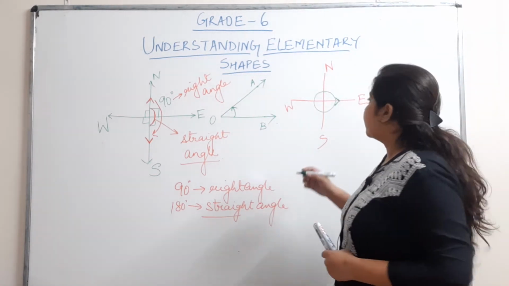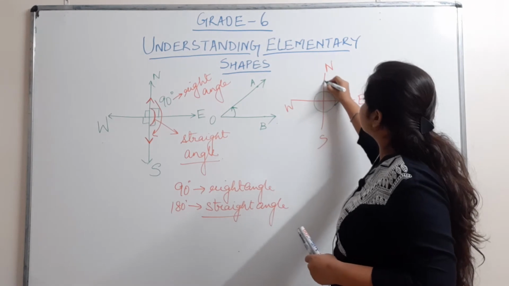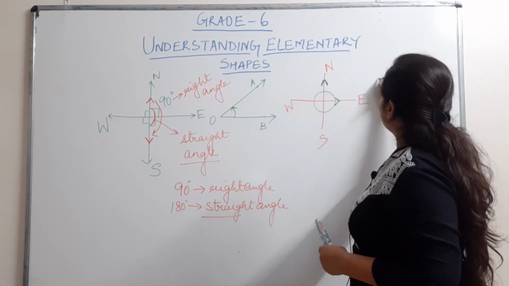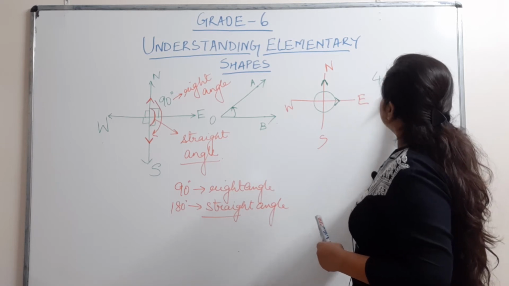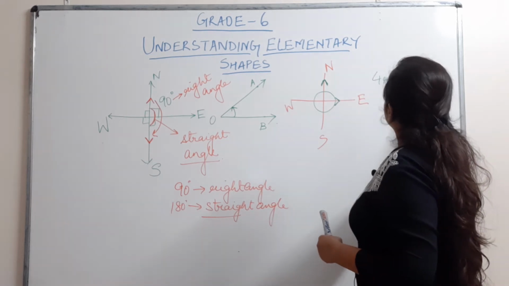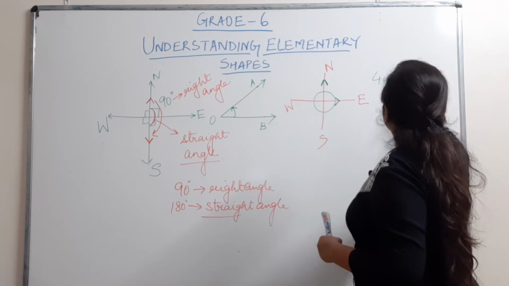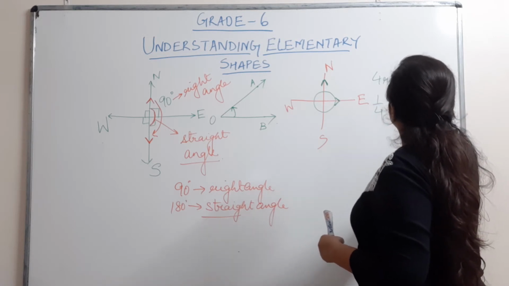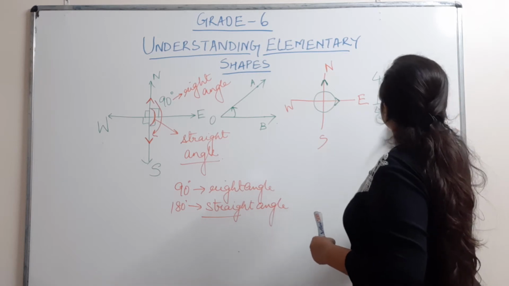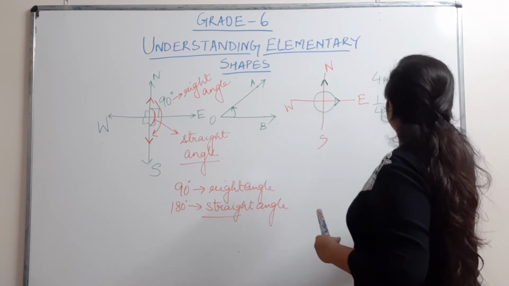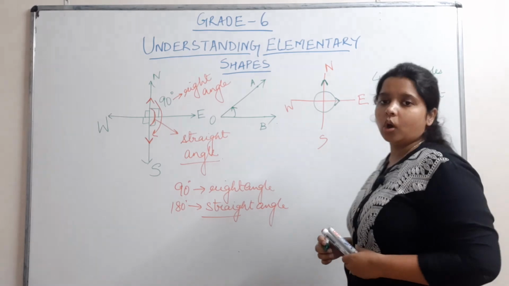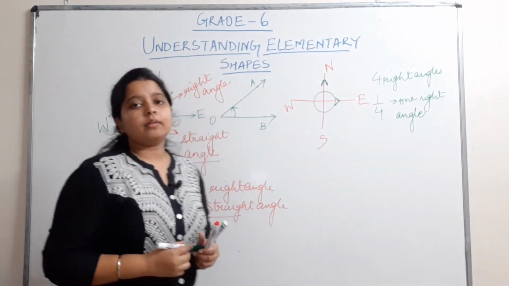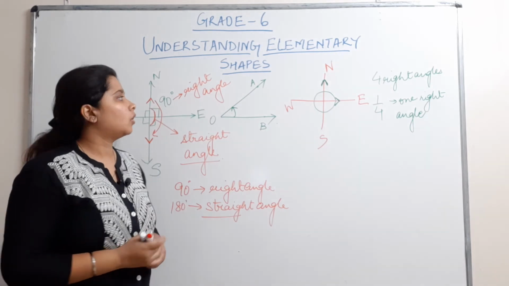Yes, he will face north, because if one complete rotation is equal to 4 right angles, then 1 by 4 will be 1 right angle, and he is turning anti-clockwise. So where will he face? North.